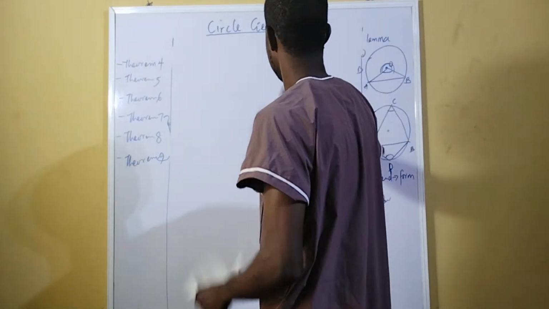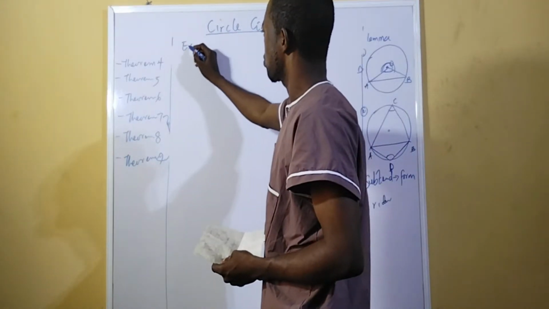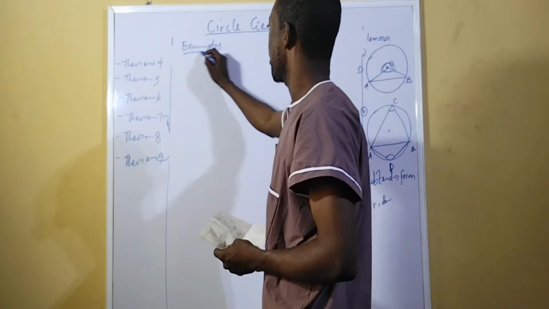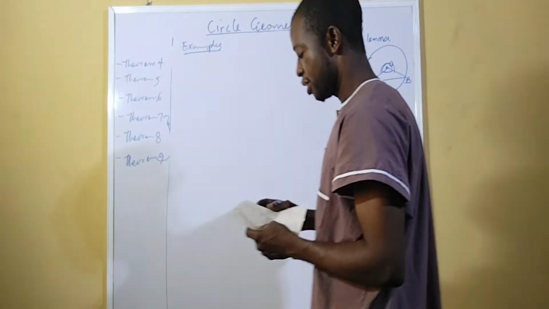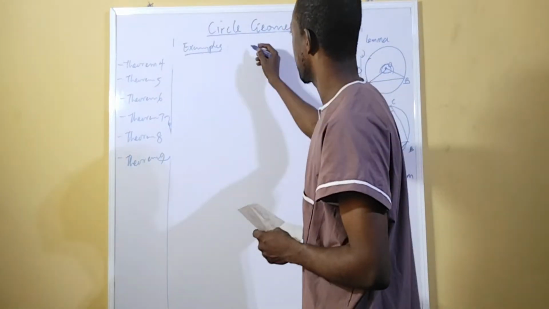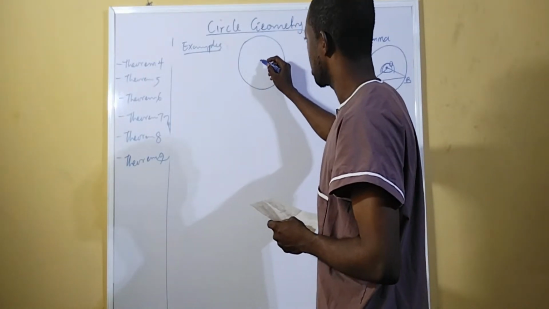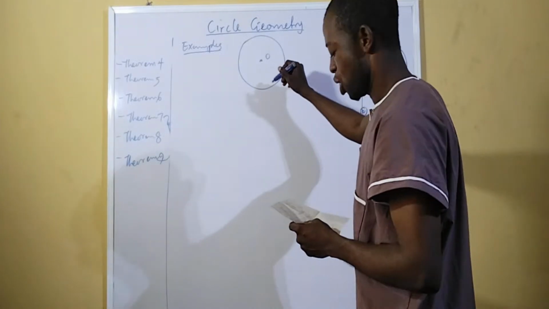Let's look at these as some examples in this class. Then, the first question we have here, we have a circle, and this is center of the circle O.